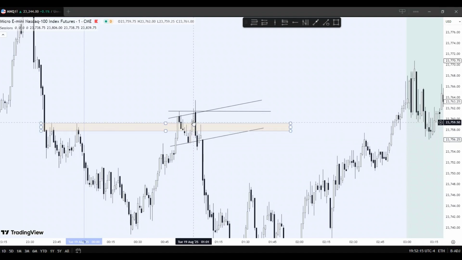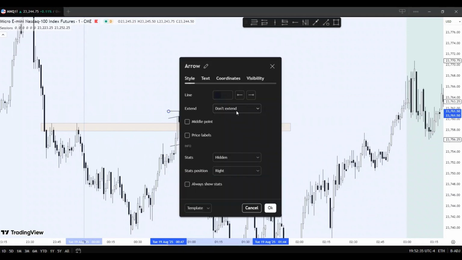So the market knows this, right? It understands that it can't just get to this area right here and just go down. It has to make sure that it takes all the liquidity right before it goes down, right?